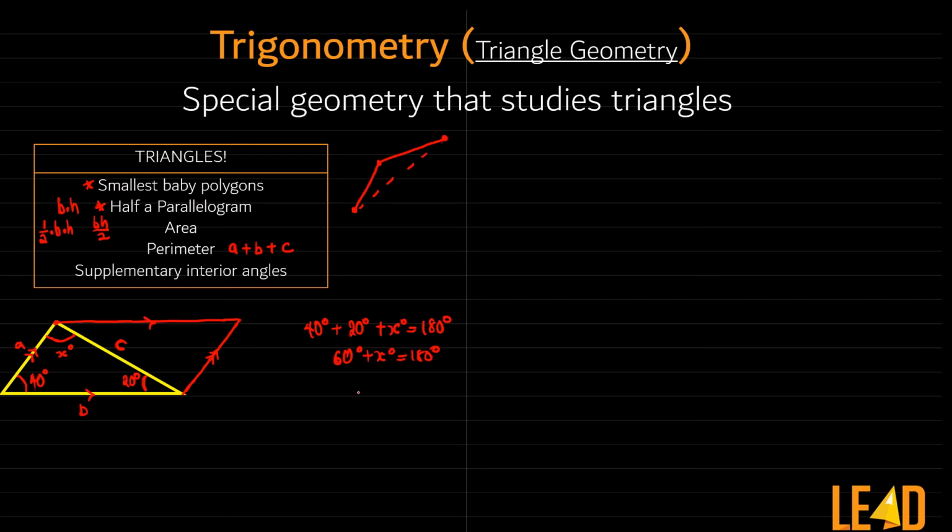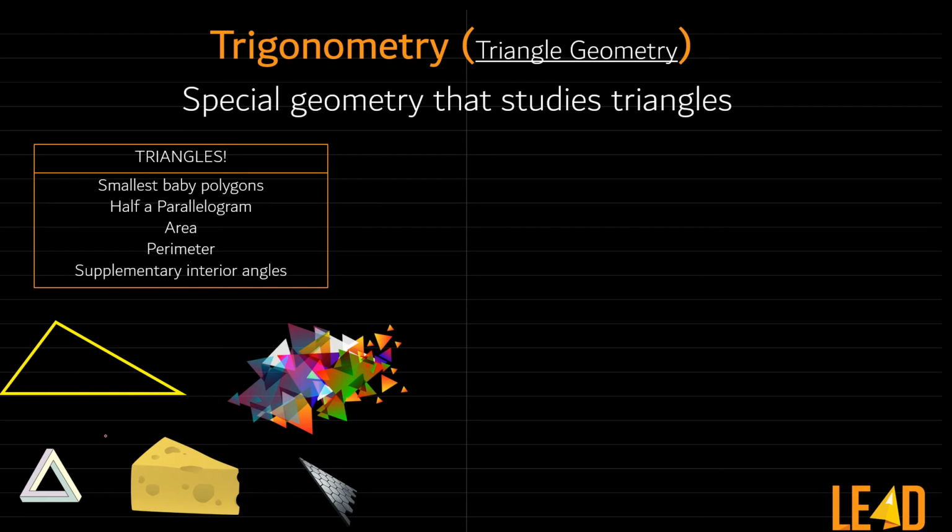Collecting like terms, x is equal to 180 degrees minus 60 degrees. So x is 120 degrees. Right? And that's easy enough. So always try to remember this word, supplementary. It's going to pop up in your quizzes, and that the sum of the interior angles is 180 degrees.